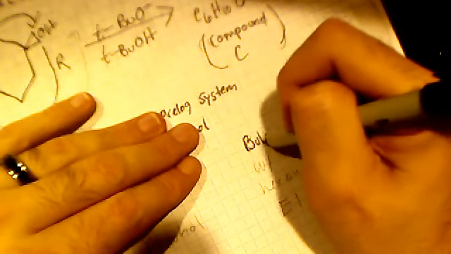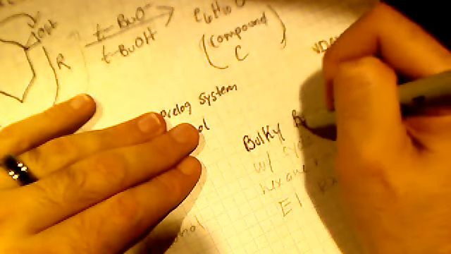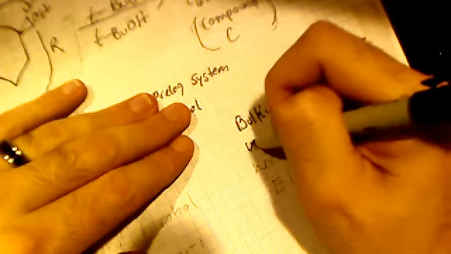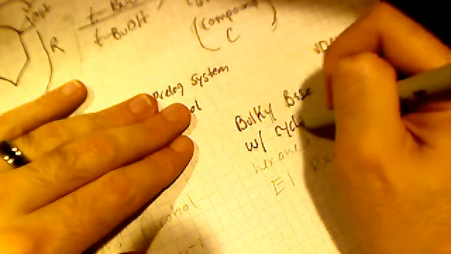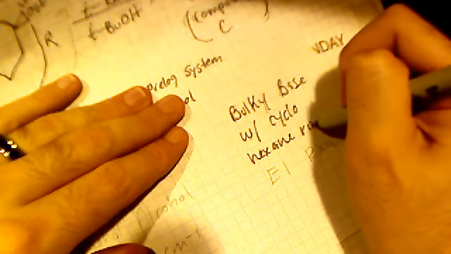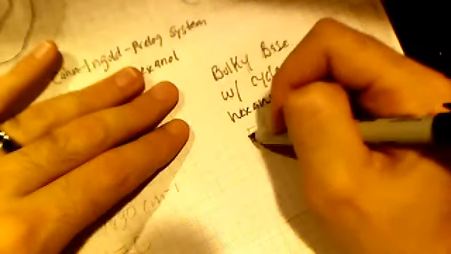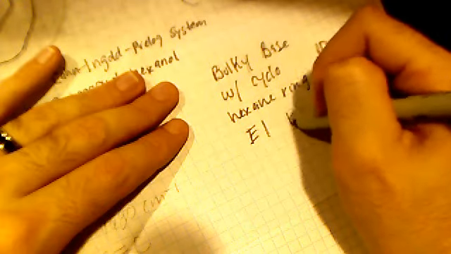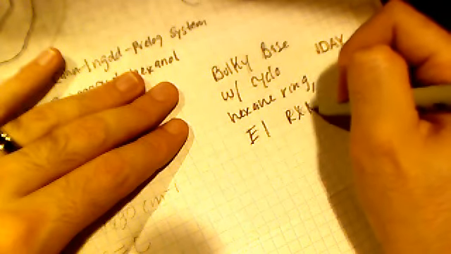So what we need to know is that having a bulky base with a cyclohexane ring is going to lead to an E1 reaction, an E1 elimination.